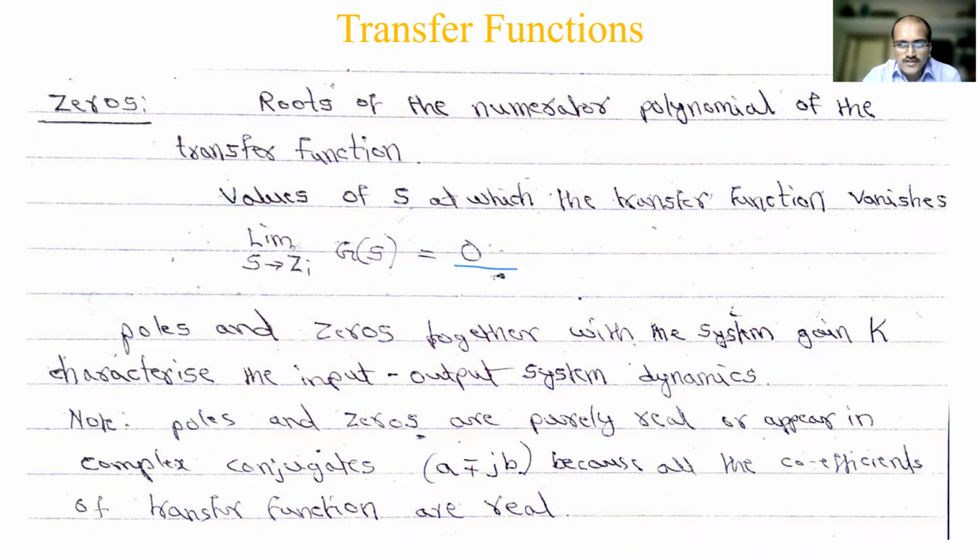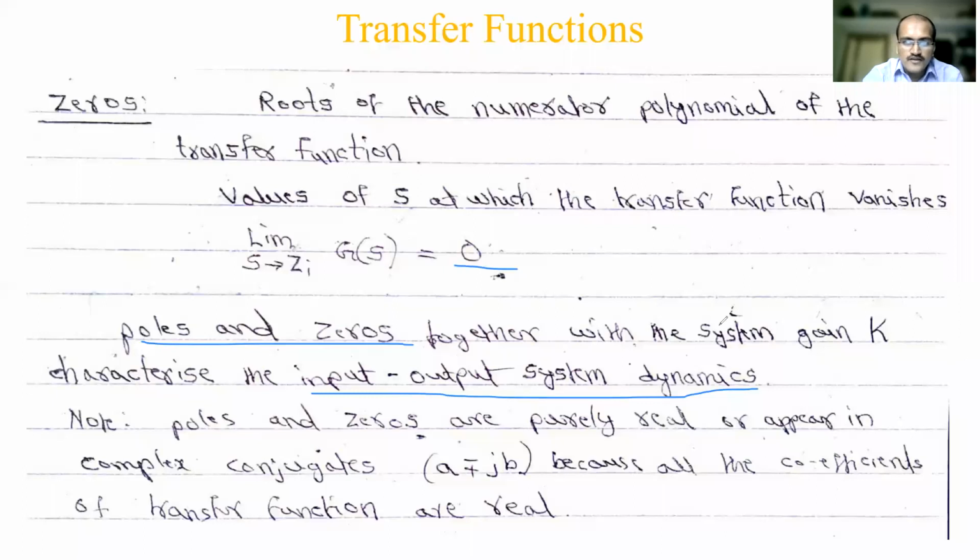Poles and zeros together with the system gain K characterize the input output system dynamics. This is very important here. Any control system we call a dynamic system, and the system dynamics are nothing but the poles and zeros along with the system gain K.